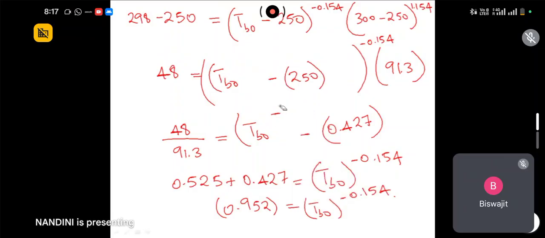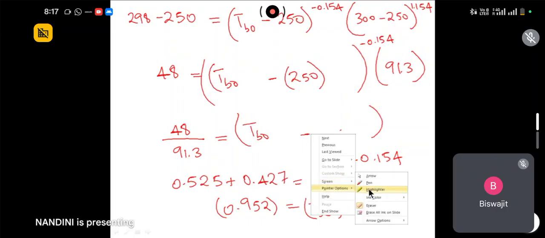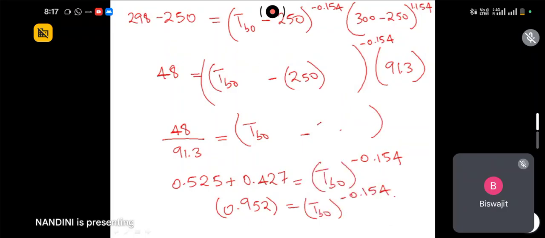So 0.525 is equal to TB0 minus 250, the whole raised to minus 0.154.